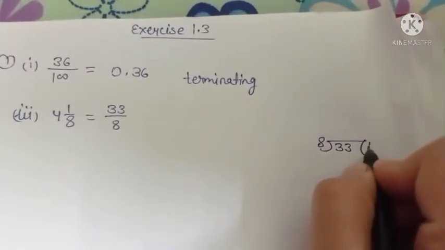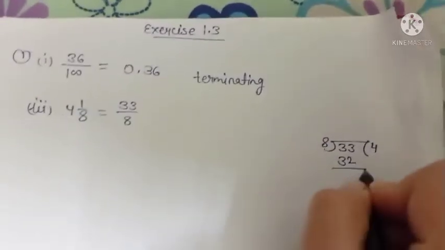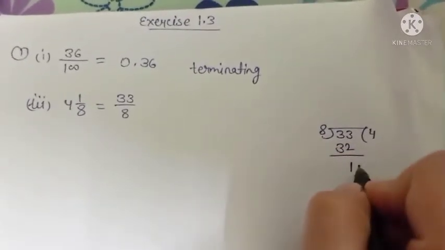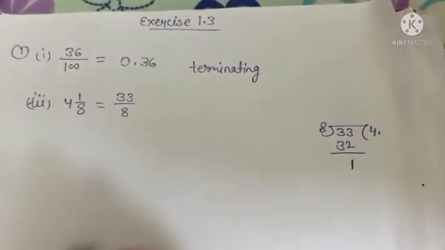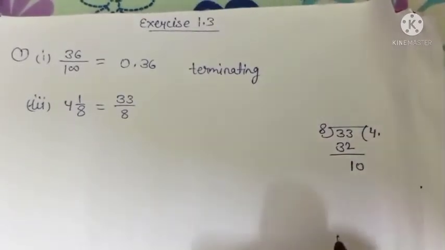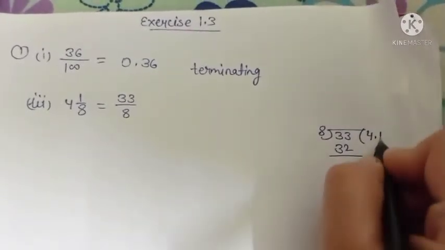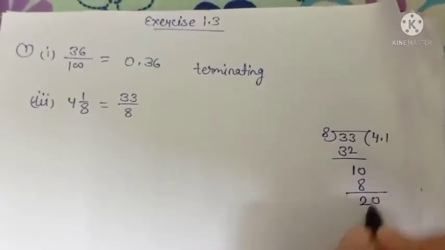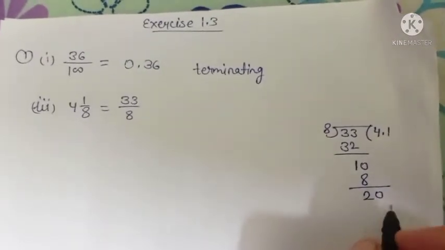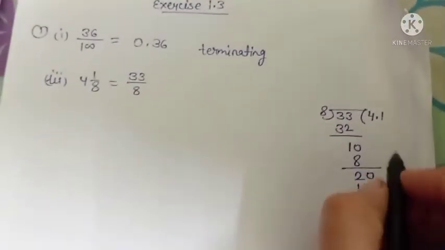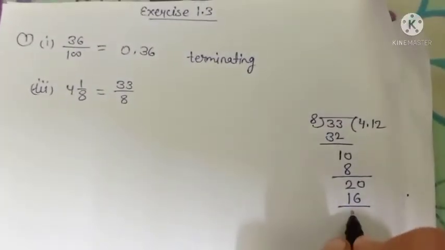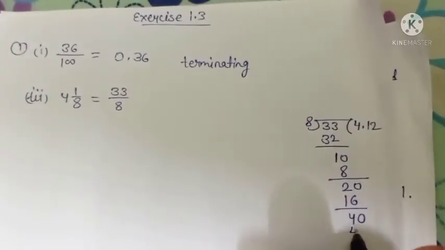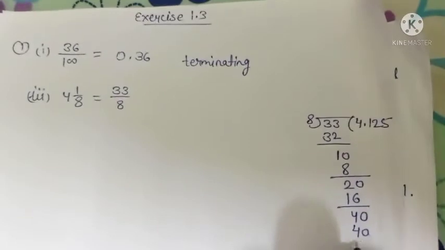33 divided by 8: first 4 times, then we get 32, and then 1, but 1 is not divisible by 8, so we put a decimal after 4 and take a 0, then we get 10. It divides by 8 one time, then we get 2, and it becomes 20, then 16 is 2 times, then we get 4 and take 0, that becomes 40, and 5 times 8 is 40.